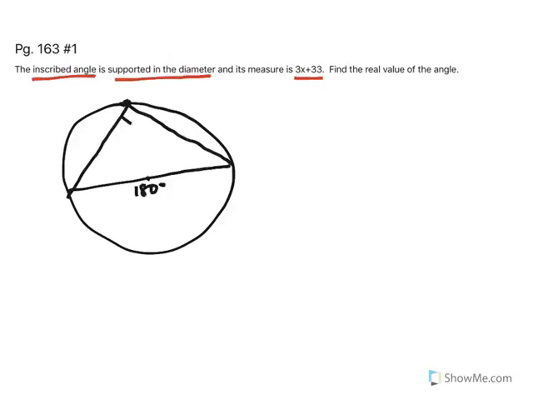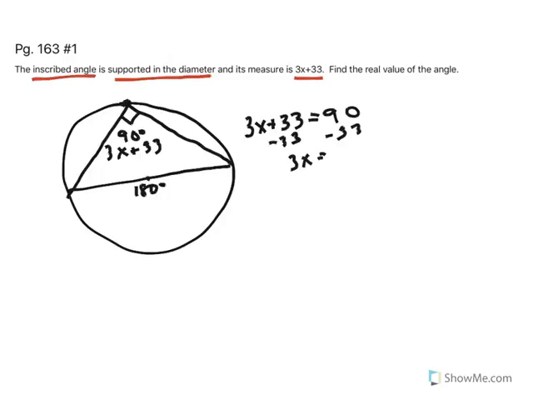We know that the angle in a semicircle is always going to make it a right triangle. So this is 90 degrees. So the question tells us that the measure of this angle is 3x plus 33. So we set it equal to 90 to solve for x. We get 3x equals 57.